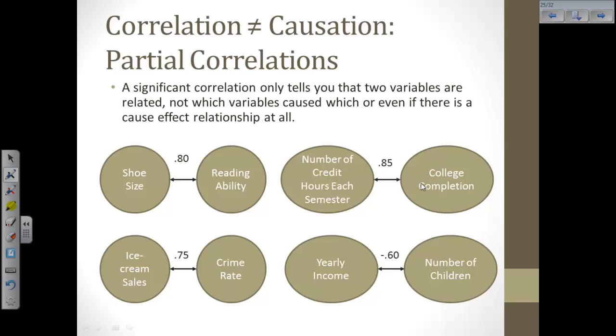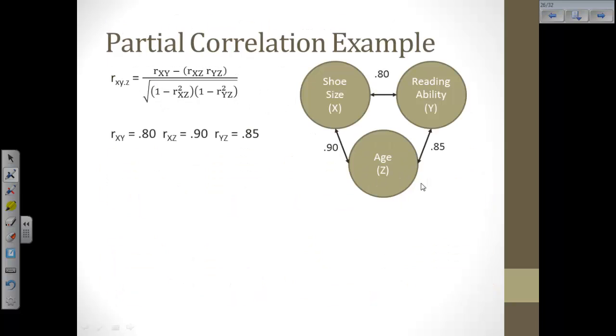So that third variable, education, could be the reason why you see that observed relationship between yearly income and number of children. So there's something that's called a partial correlation, which is a calculation that allows you to look at the relationship between x and y while controlling for that z variable, that third variable that may be related to both of those variables. Partial correlations. Now keep in mind this may look like a scary formula, but in all cases I'm going to give you these values here.